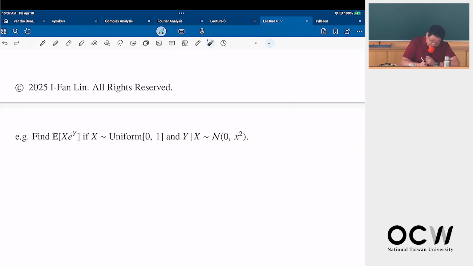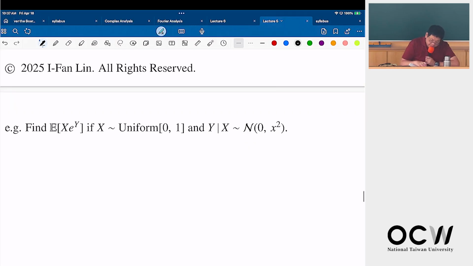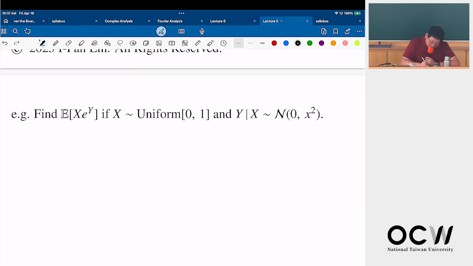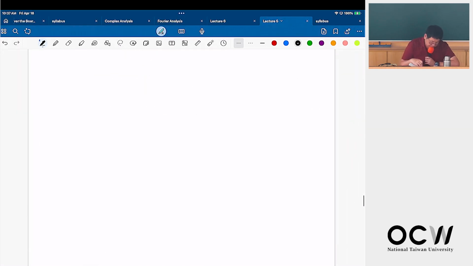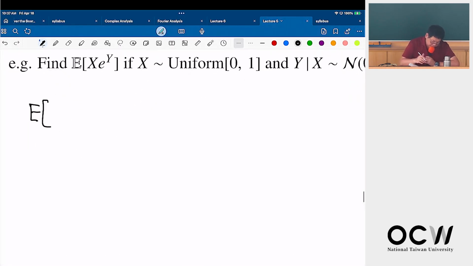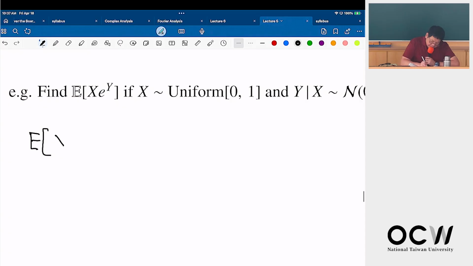But first, when we try to find the expectation, we always use the definition. Okay, here is the definition. X times e to the y. For two random variables, their corresponding weighting will be the joint PDF.